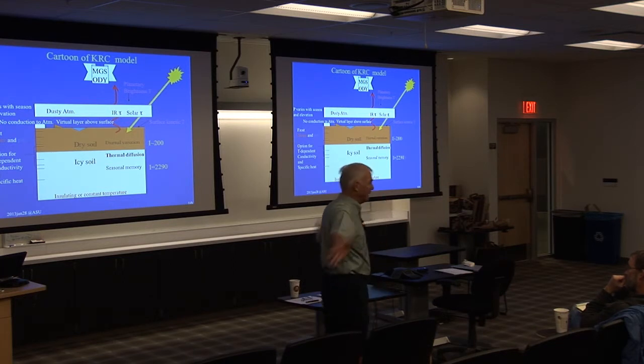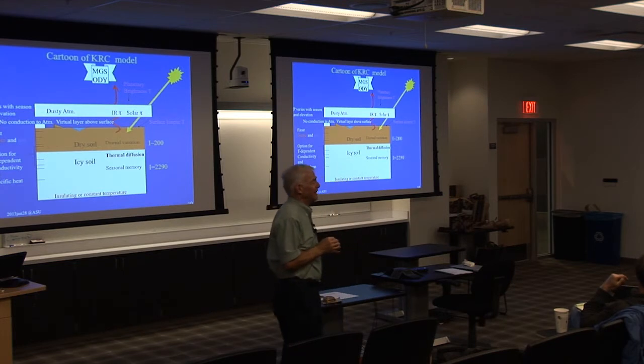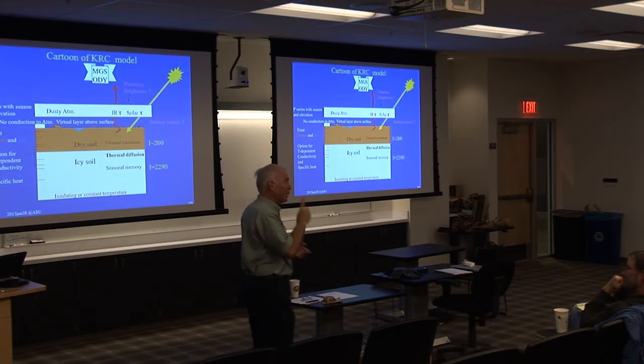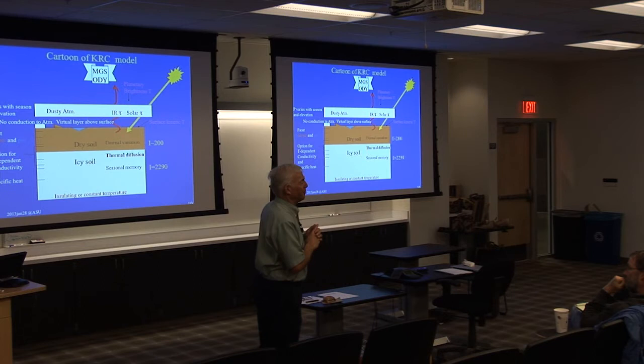It knows nothing about the rest of the planet at any instant. It may look like a run that covers the whole planet and all year to you, but deep inside, KRC only knows about here and now. I know about this vertical column of soil. I know about this atmosphere directly above me. I know nothing else at all. And it's important to remember that. It's fundamental to the way it's written. Deep inside, KRC is only one place at one season.